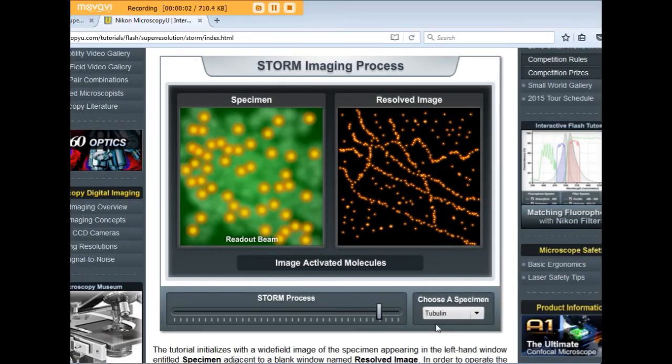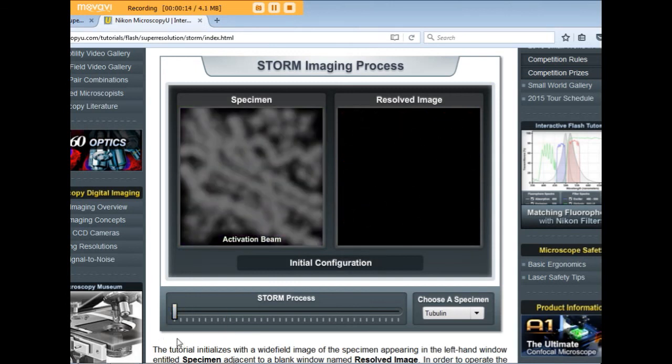There is a very good online interactive animation showing the process of single molecule based super resolution microscopy. So here is STORM. Here is the beginning, here it goes. At the beginning, this is a photoactivatable fluorescent protein labeled microtubule network.